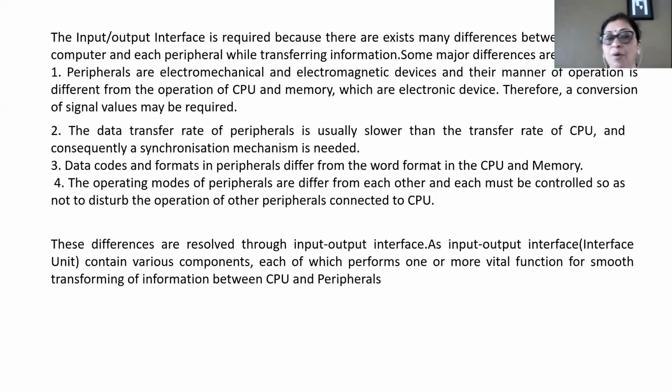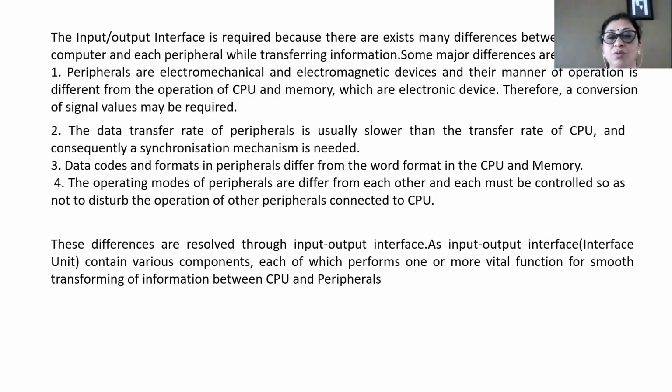The second thing is the data transfer rate. The data transfer rate of peripherals is different from that of the central processing unit. Generally, the central processing unit is faster as compared to peripheral units.